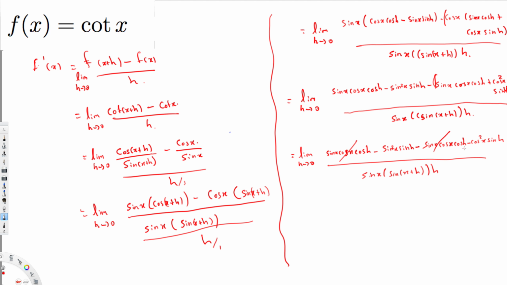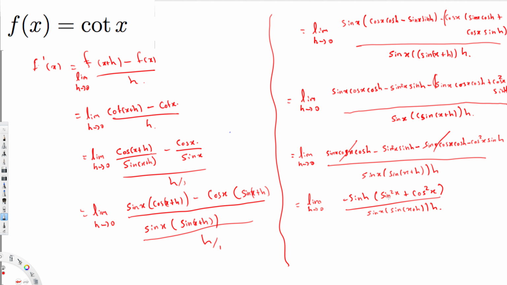I can take minus sin h common. So as h approaches 0, with minus sin h common, it becomes sin square x plus cos square x over sin x times sin of x plus h.